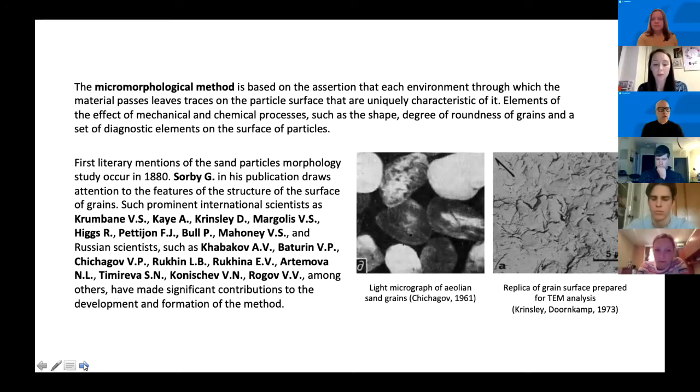Elements of the effect of mechanical and chemical processes include the shape and degree of roundness of grains, and a set of diagnostic elements on the surface of particles. Particle surface transformation goes on gradually, and during accumulation, particles acquire new elements corresponding to this environment.